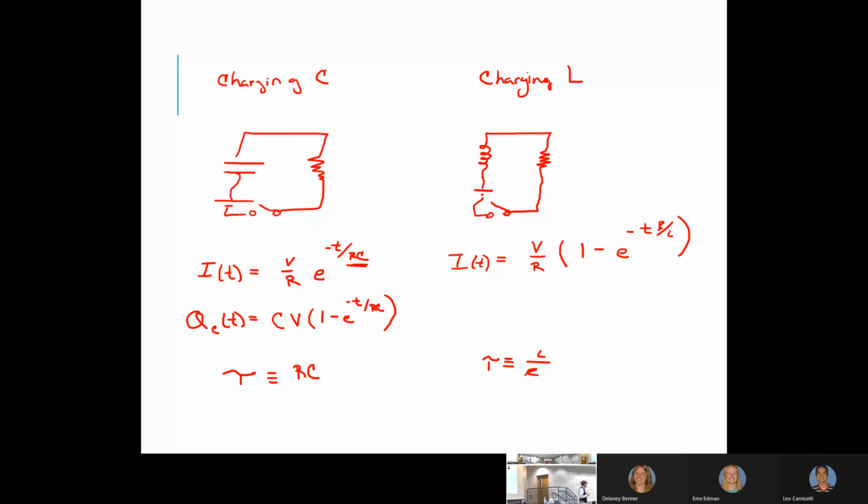So I took a stab at it and I got the units of a Henry divided by an ohm. What do we call tau?